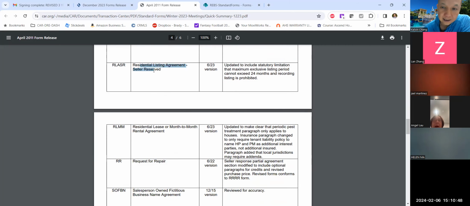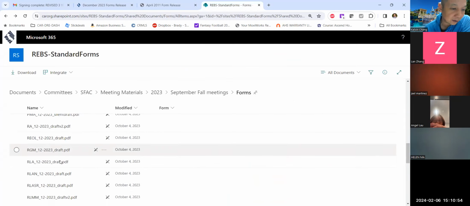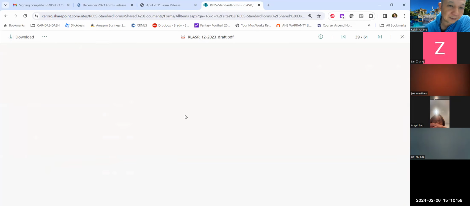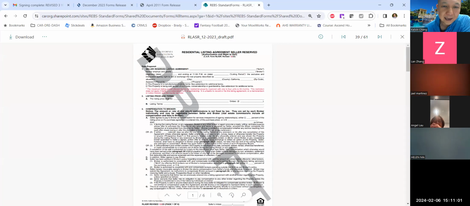Seller reserved listing. Have you guys ever used a seller reserved listing? What is a seller reserved listing? Anyone know? Well, that's why it's a good thing you're here. A seller reserved listing is a listing contract.